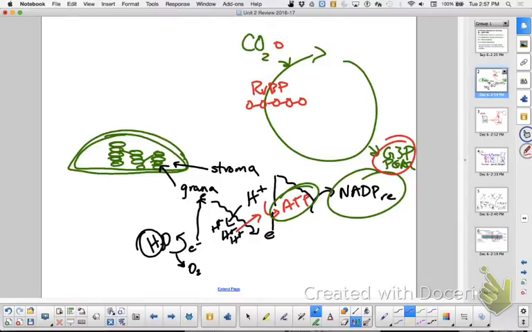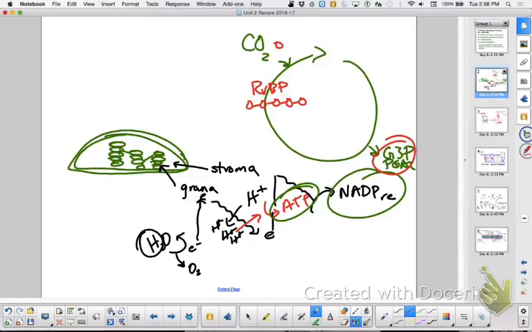Do you want to know the simplified song? It's up on YouTube, on this part. 3C5 plus 3C1 makes 3C6, break down to 6C3. Do you remember this? Use some ATP, use some reduced NADP on your 6C3. Take one away, PGAL.